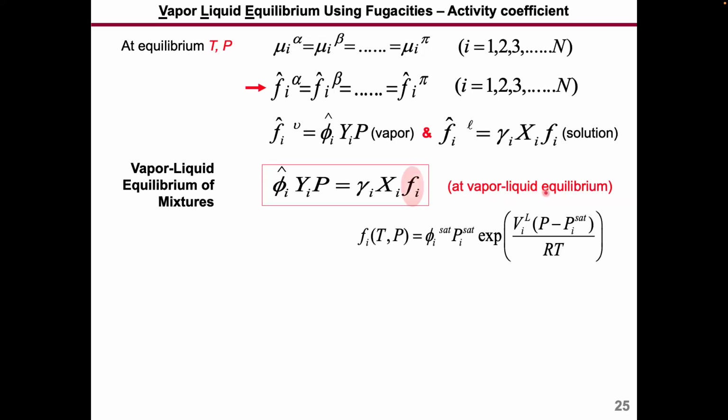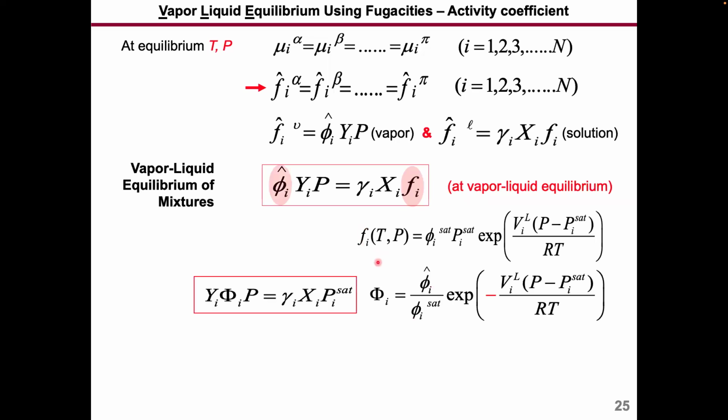And then for f_i, basically it's a function of temperature and pressure. You can use this equation to calculate it, with P_i saturation, which you can look up. V_i saturation you can combine with phi_i later. But here, these are all values that you can look up. As long as you know temperature and pressure, you can figure out the f_i function.